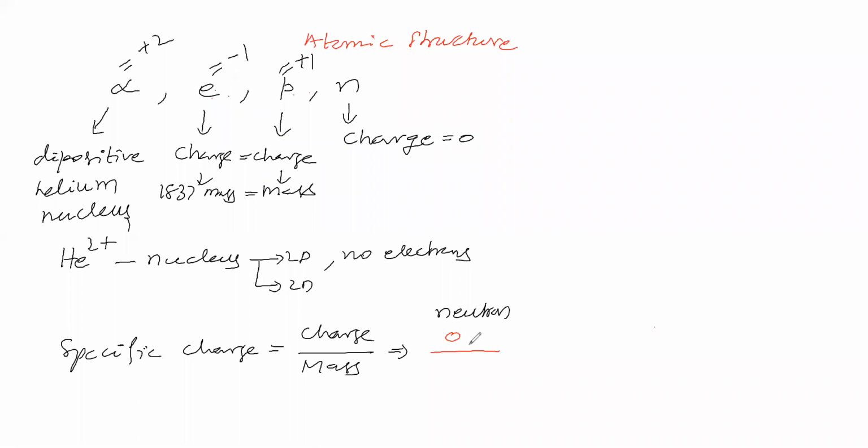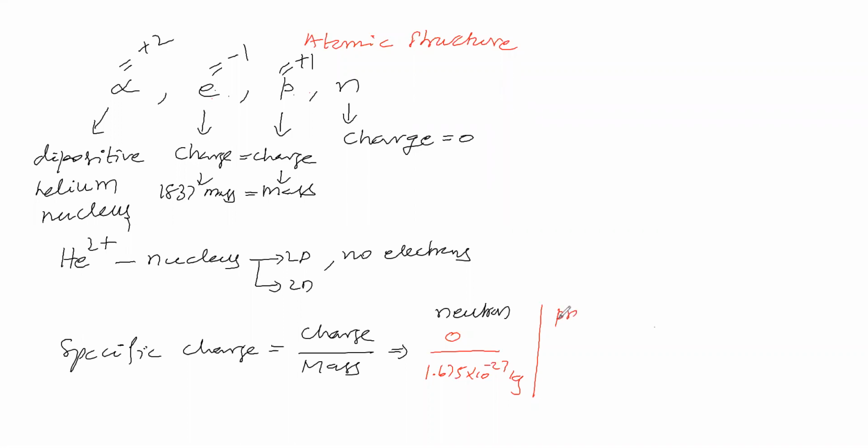Then we will substitute mass of neutron, which is 1.675 into 10 to the power of minus 27 kilogram. You said an order of specific charge, we'll check whether it is correct or wrong.